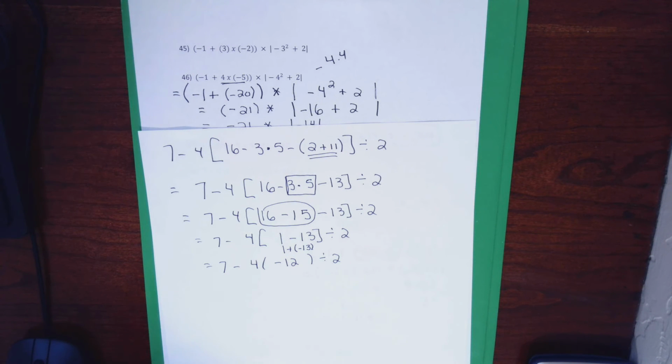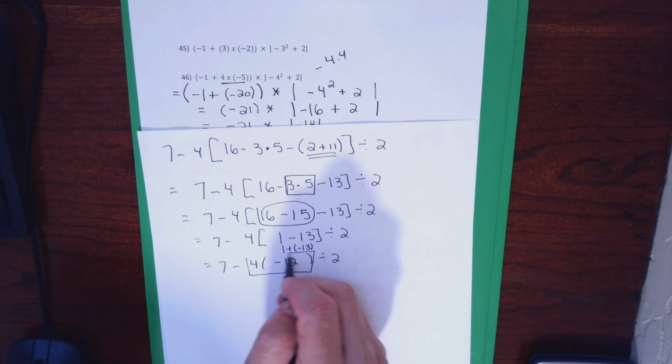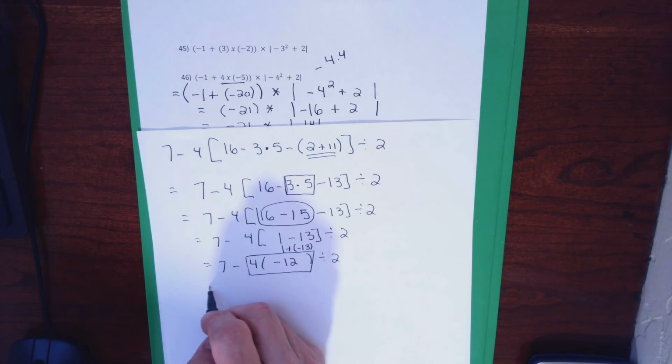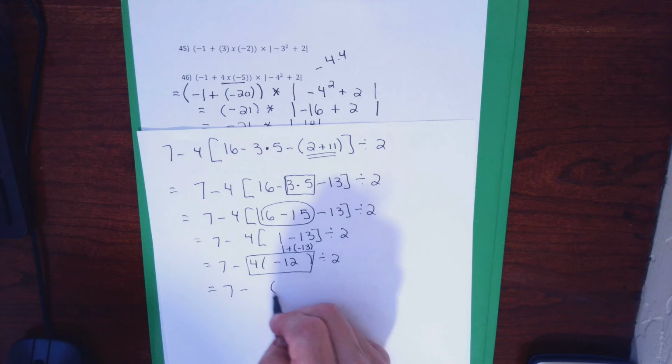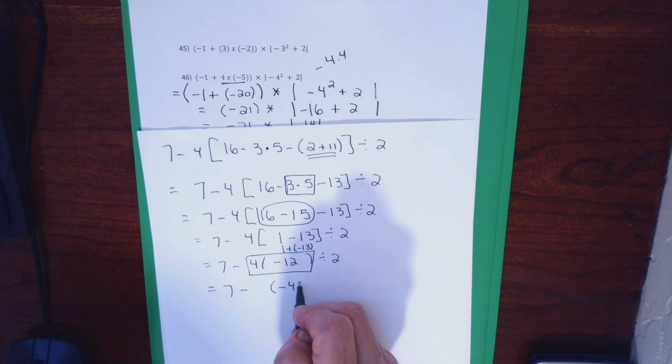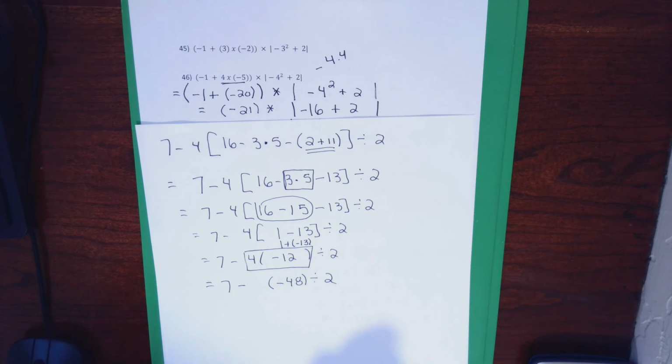Now there's no parentheses I need to deal with, there's no exponents, but there's both multiplication and division, and I do those from left to right. So on my next step, I'm going to do that multiplication of 4 times negative 12. Positive times a negative is a negative, and 4 times 12 is 48.